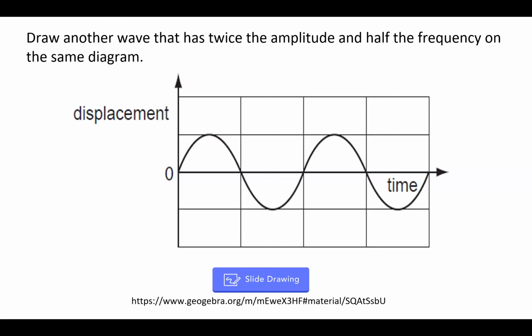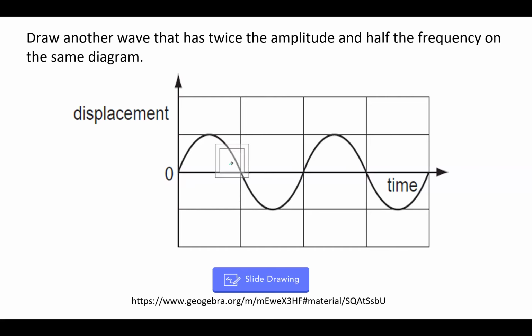So if I have half the frequency, instead of generating 2 waves, I have only 1 wave within that time. And I have twice the amplitude. Amplitude is the height. So I need to be very accurate in my drawing. I will make markings at the equilibrium position, the rest position, and at the maximum displacement, the amplitude.